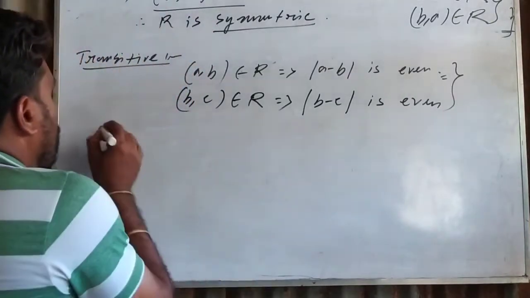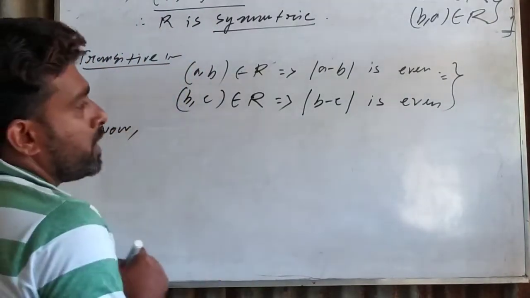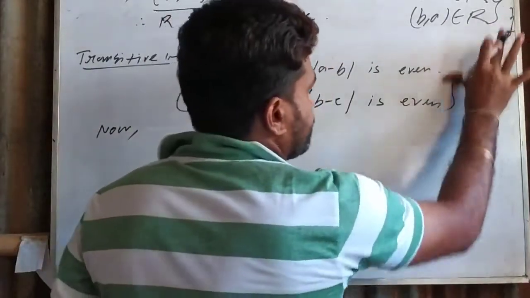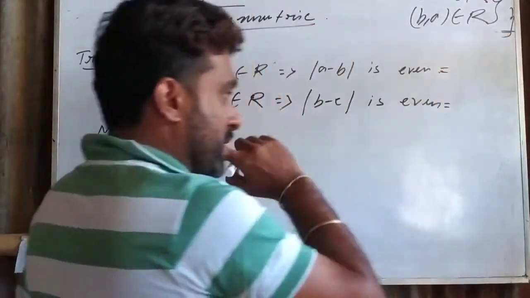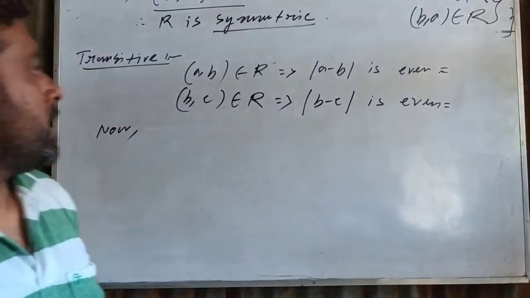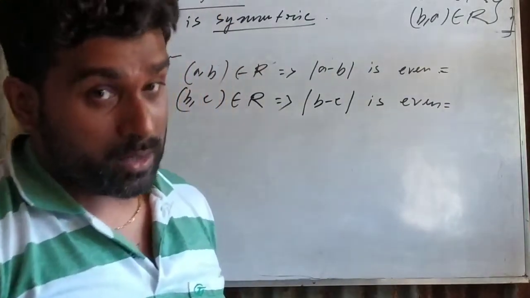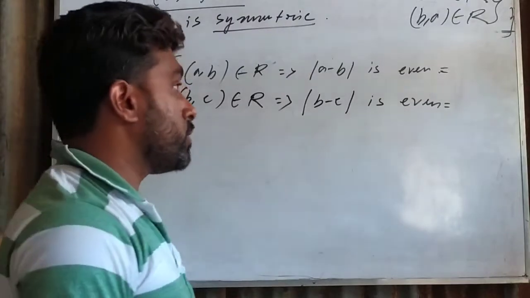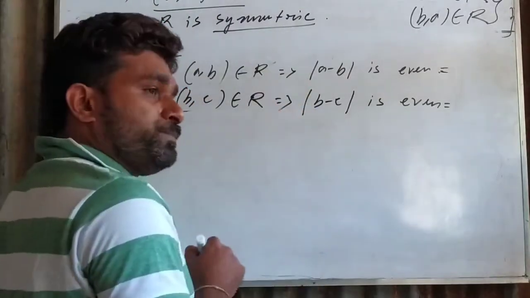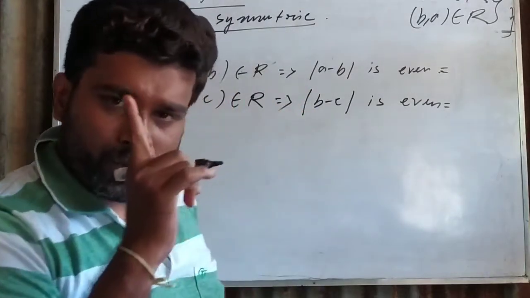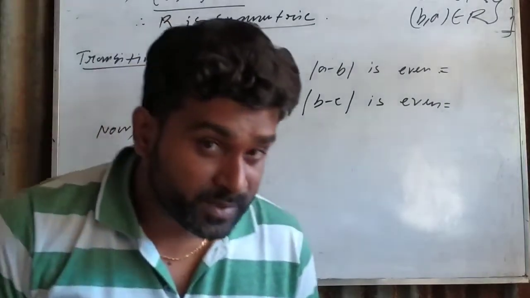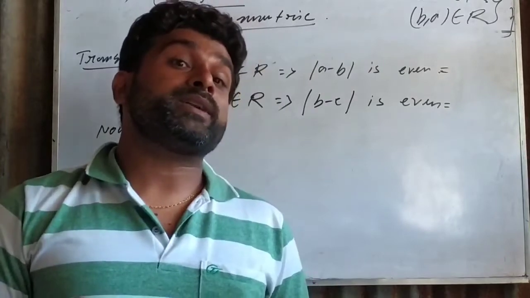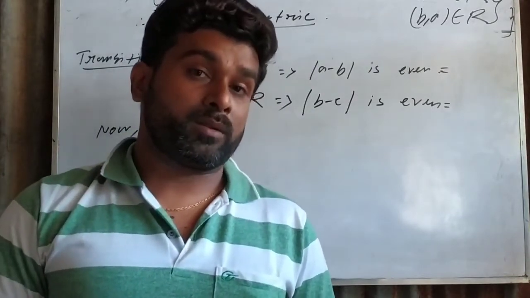Now, for the transitive property, we have to take some steps or some algorithm. And the algorithm is what? Here, even number. What do you mean by even number? Even number means some multiple of 2. A number which is divisible by 2 is called the even number.